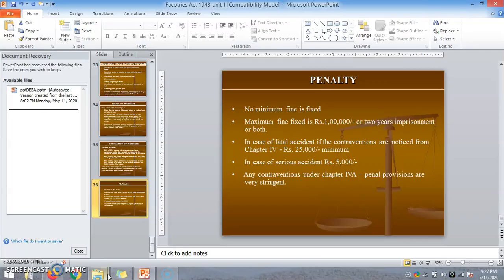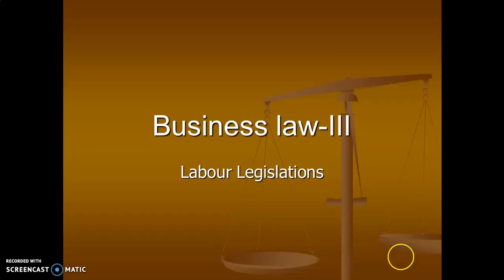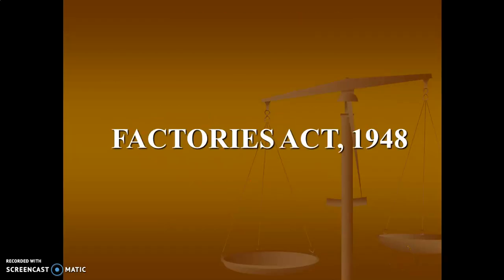This is what we have about the Factories Act. Till now we have come across all the chapters in the Factories Act. Just try to understand that the important sections or chapters in the Factories Act are particular to health, safety, welfare, working conditions, and annual leave wages.